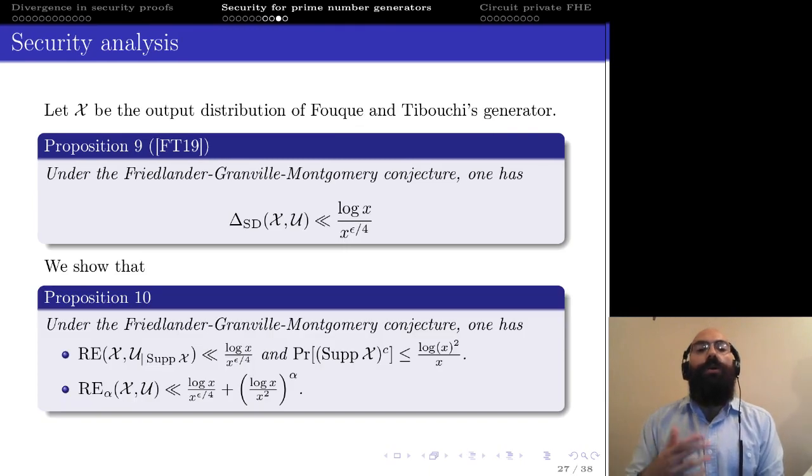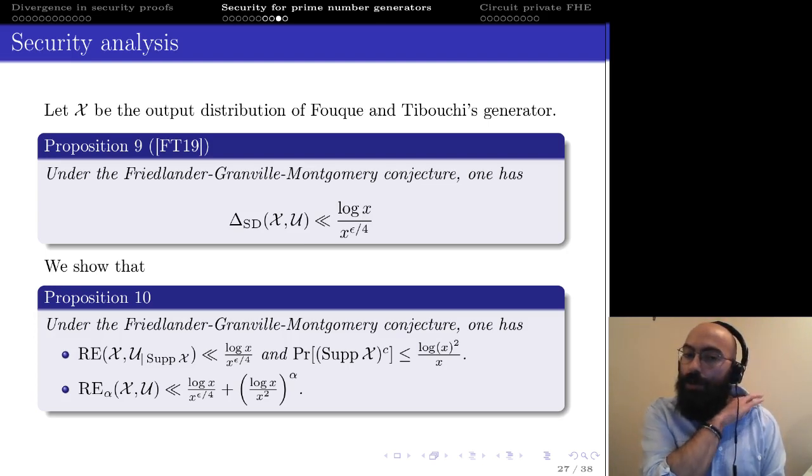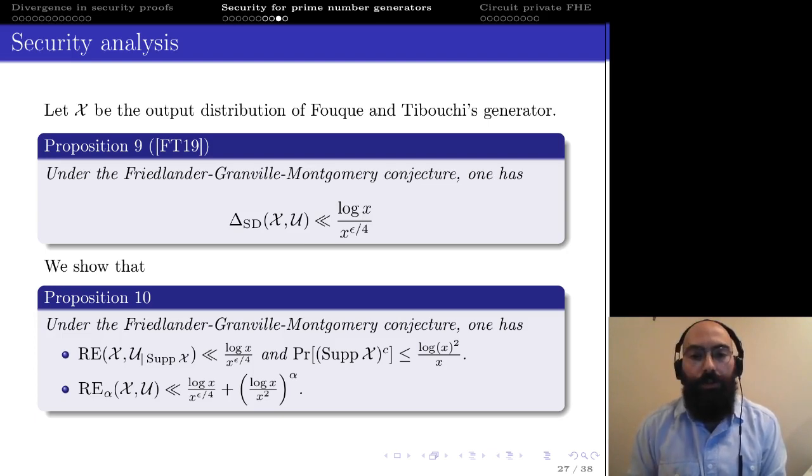What we showed in our paper is that the bound they found remains when you use the relative error. So that's really nice because you know that you need the statistical distance to be lower than 2 to the minus lambda for security proofs, but you only need the relative error to be lower than 1 over the number of queries. So you can actually use a lower value for epsilon.